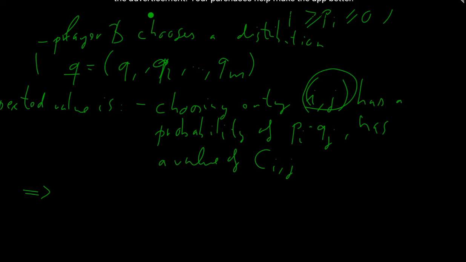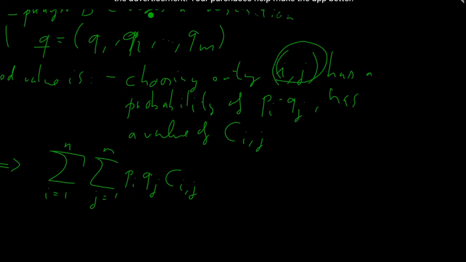which means that the expected value is just the sum of i from 1 to n and the sum of j from 1 to m, Pi times Qj times Cij.